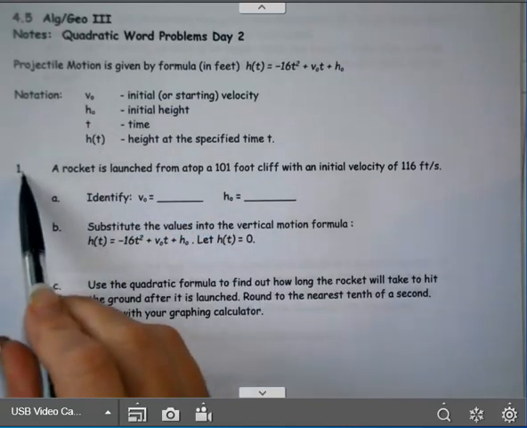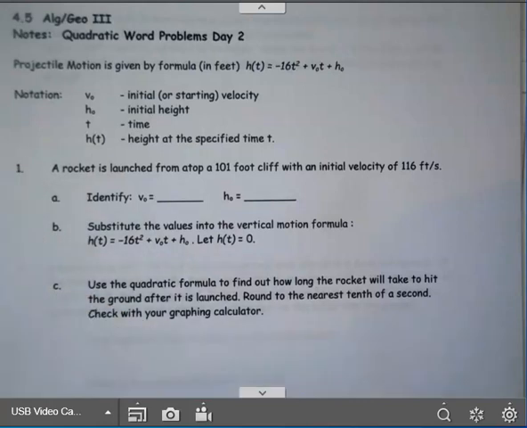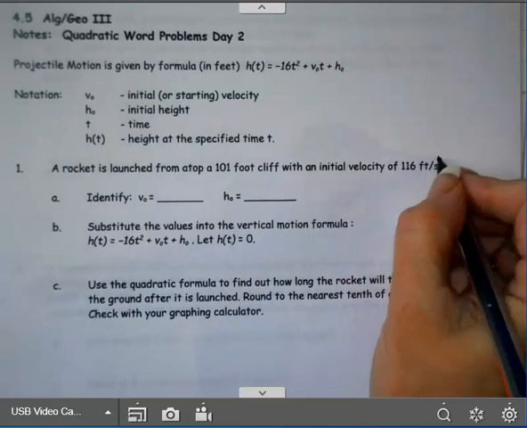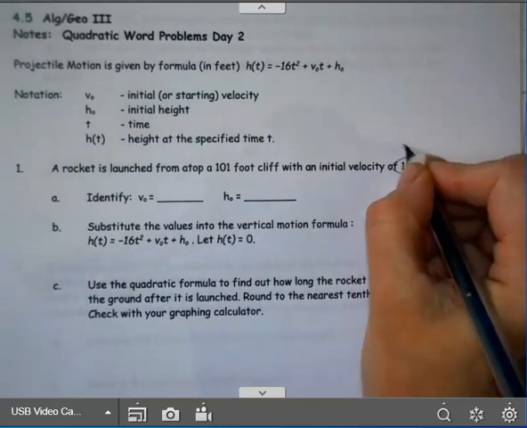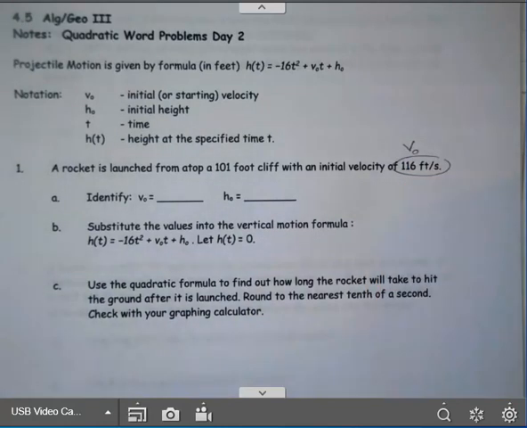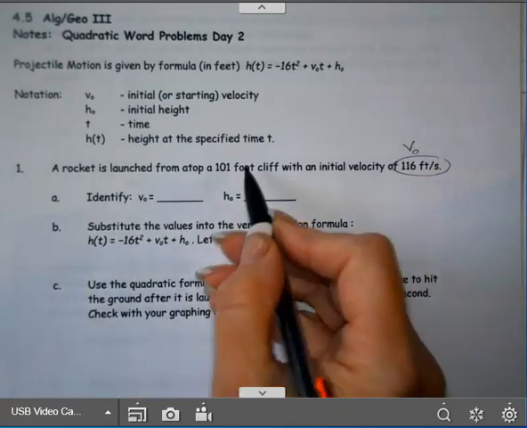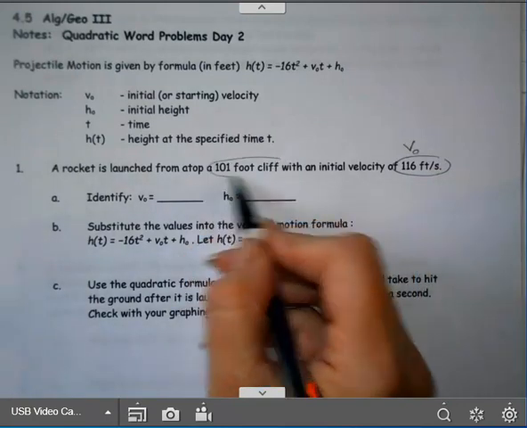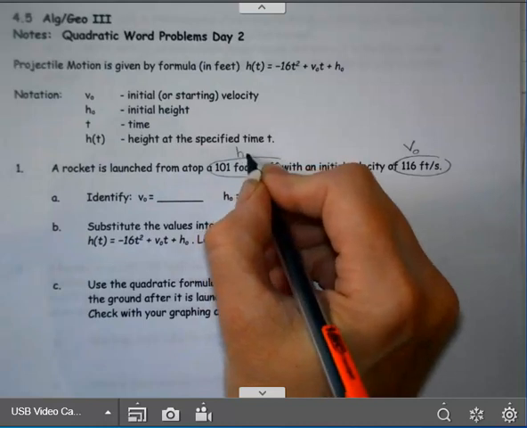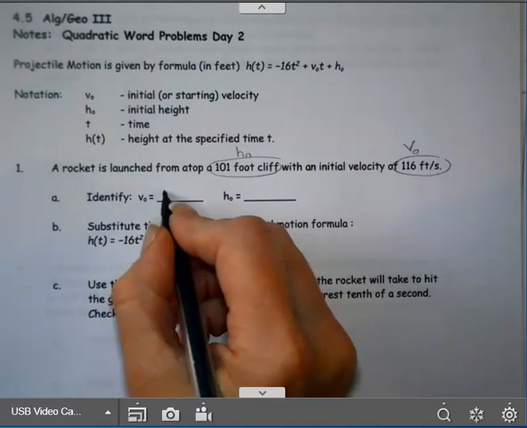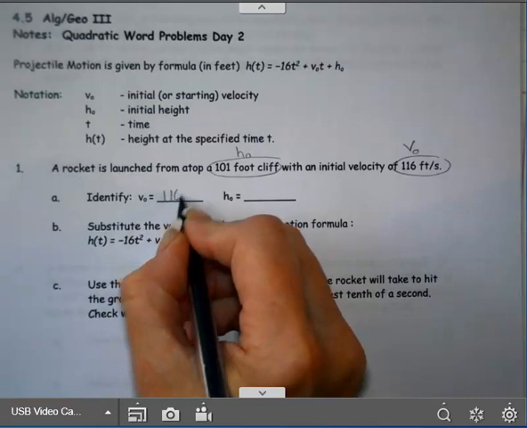So for example 1, a rocket is launched from atop a 100-foot cliff with initial velocity. So they just gave us our velocity at time 0. And they also gave us 100-foot cliff, that is our initial height. So let's plug those in because that's our first question here.